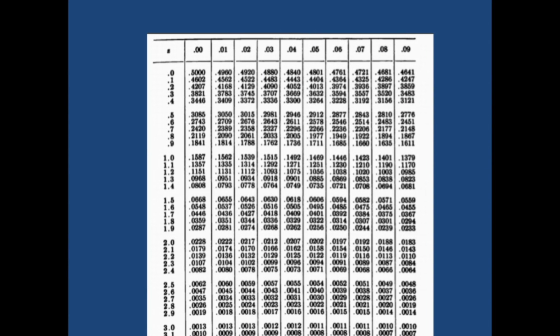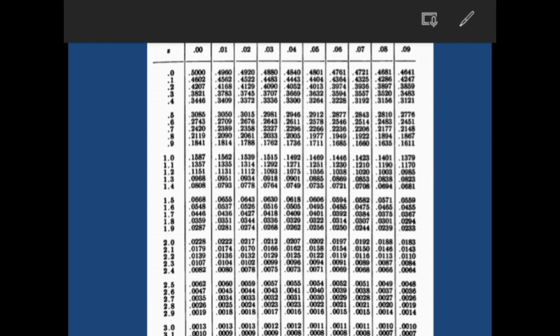This is our table A. The table of probabilities associated with the values as extreme as observed values of z in the normal distribution. The body of the table gives one-tailed probabilities under H0 of z. The left-hand marginal column gives various values of z to one decimal place.